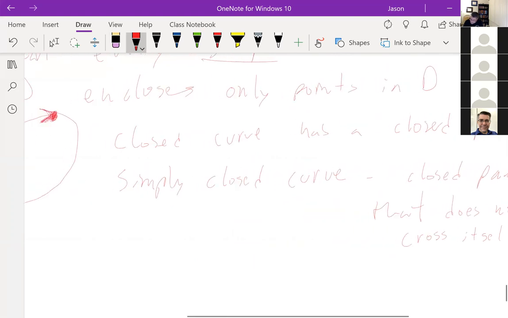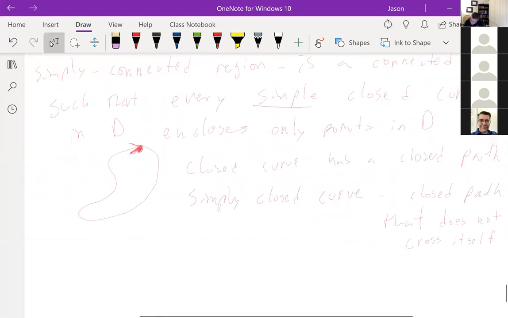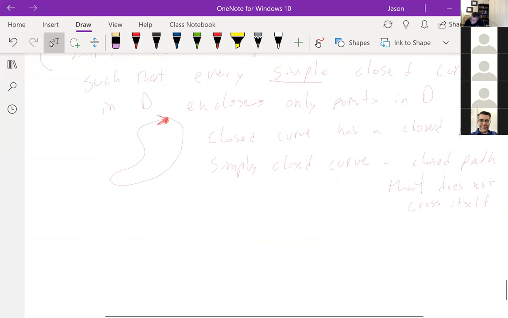And so what is a simply connected region? Well, the simply connected region is a region that is contained in a simple closed curve. So we can say this is region D, or the domain, it's inside, and the closed curve is C. It's kind of like our line integral.